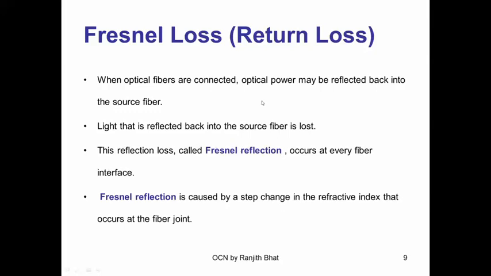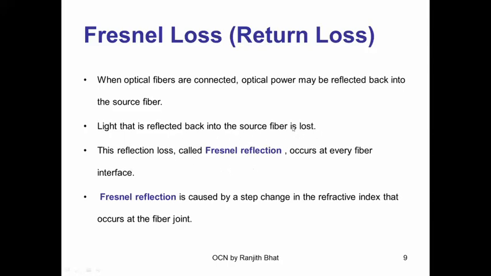This is also needed to understand Fresnel return loss. Whenever a wave moves through a waveguide, there is a possibility that the signal might return back. When optical fibers are connected, optical power may be reflected back into the source fiber. So this is also a loss. Light that is reflected back into the source fiber is lost, and it is not considered.